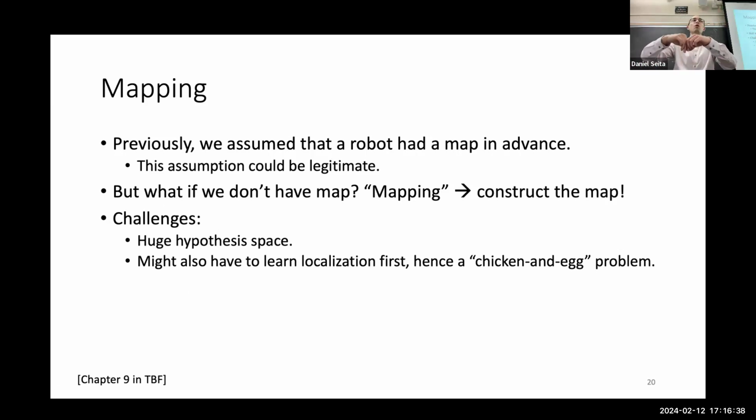You might have to localize the robot to know where it is, because if you know where the robot is, it helps when you're making the map. Otherwise, if you don't know where the robot is, it gets a little bit tricky. I think it's called a chicken and egg problem. What came first, the chicken or the egg? I'm not sure.